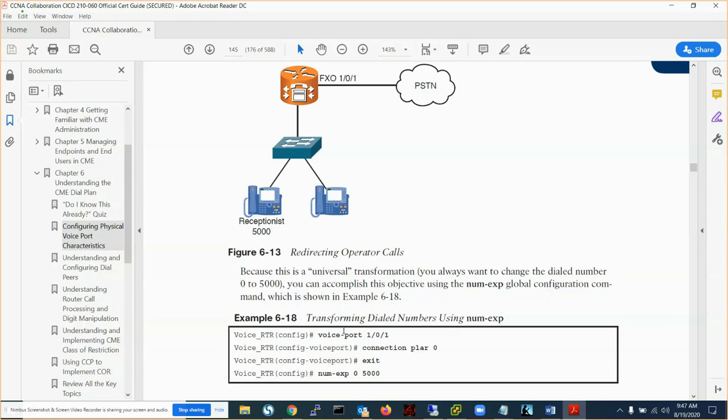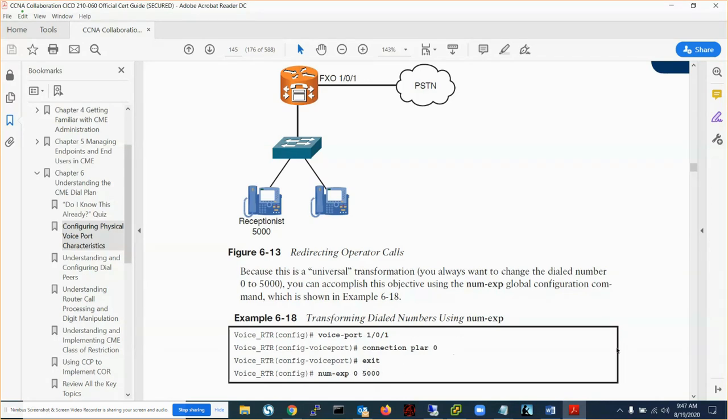You go under that port and put the command connection plar 0, and then you match with the num-exp command, you match the 0 and it tells 5000.